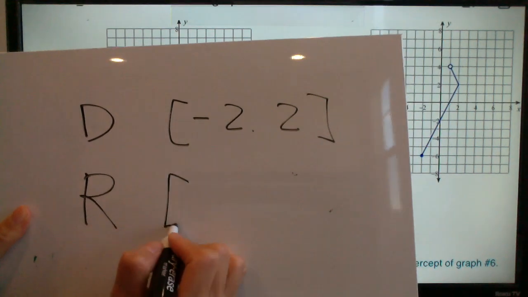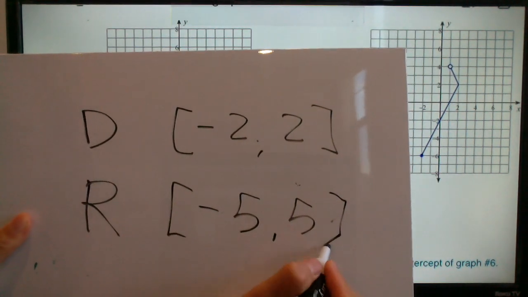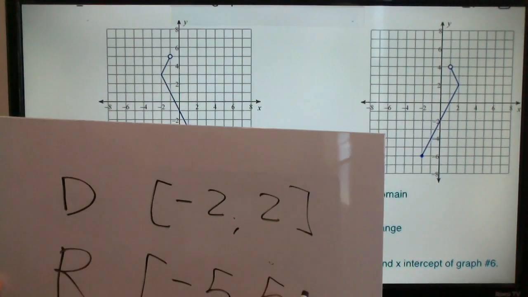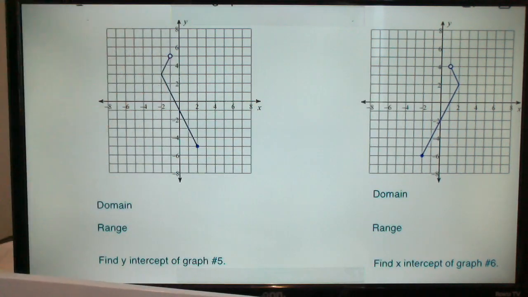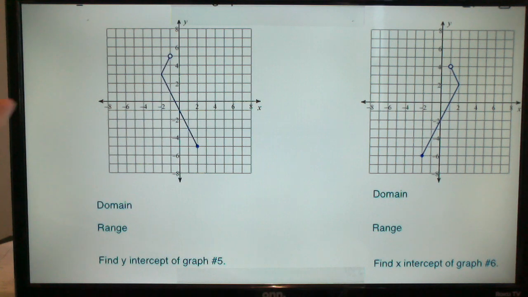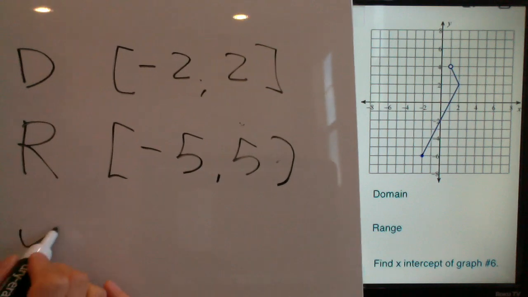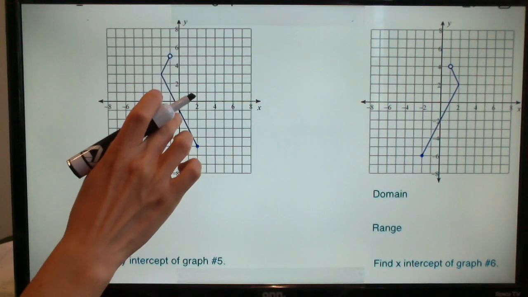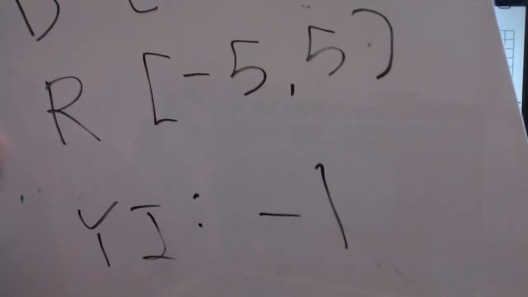Range, -5 to 5. And actually 5 is open here. Does it make sense? This is open. And the y-intercept. What is the y-intercept? Right here, the y value. So the y-intercept is -1 right here. So here's the answer. Okay.